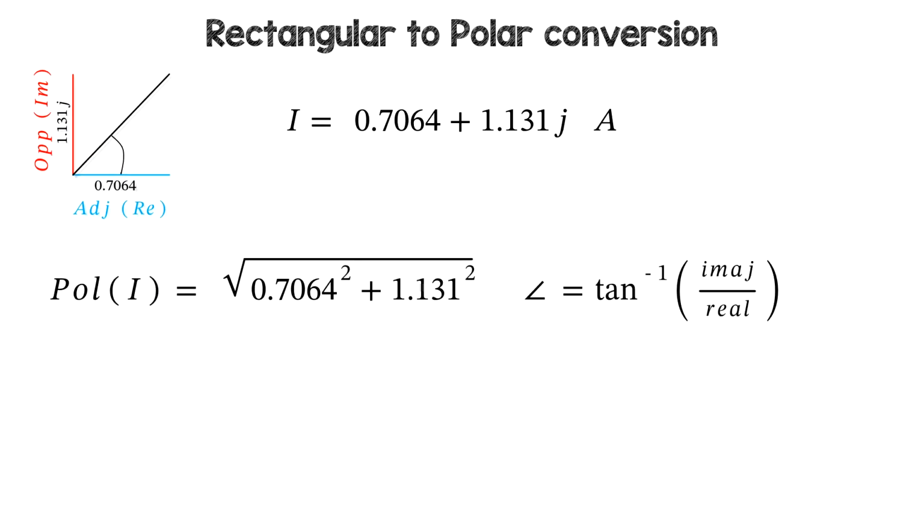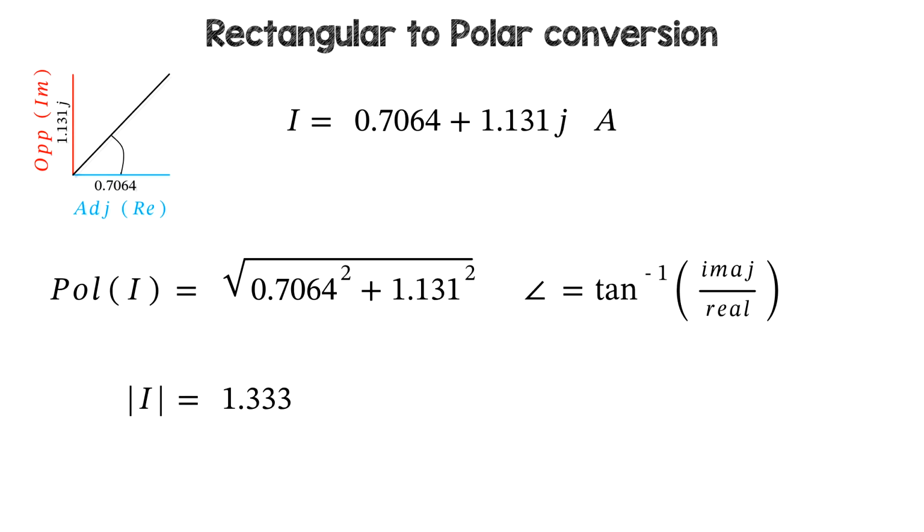So the polar version of our rectangular current is the real squared plus the imaginary squared, square rooted, which is Pythagoras, and the argument, or the angle, is tan to the minus 1 of opposite over adjacent.